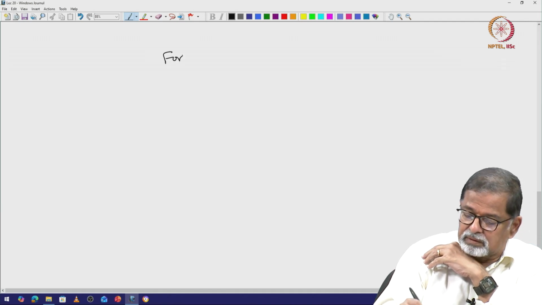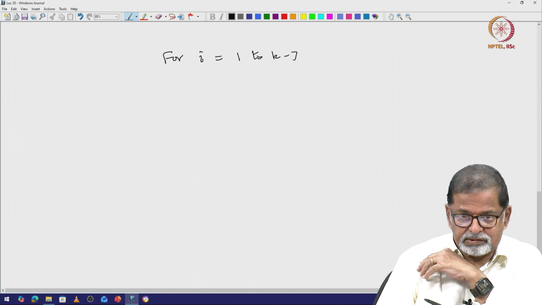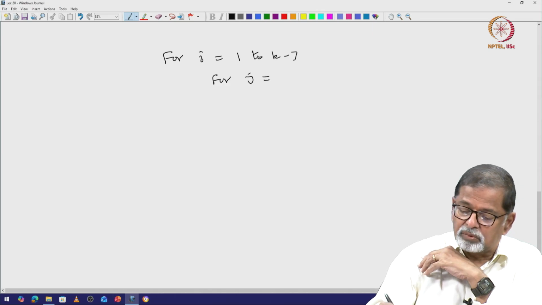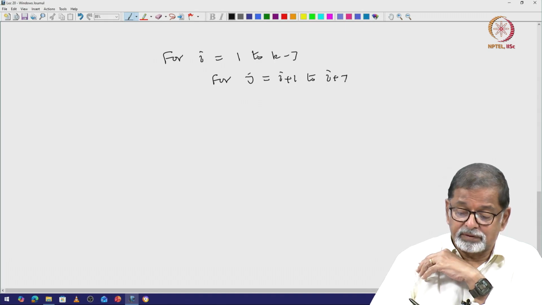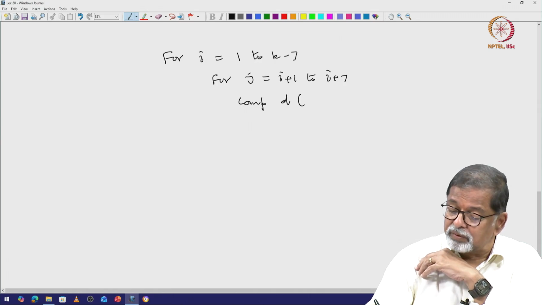For i going from 1 to k minus 7, for j equal to i plus 1 to i plus 7, compute the distance between B i and B j.